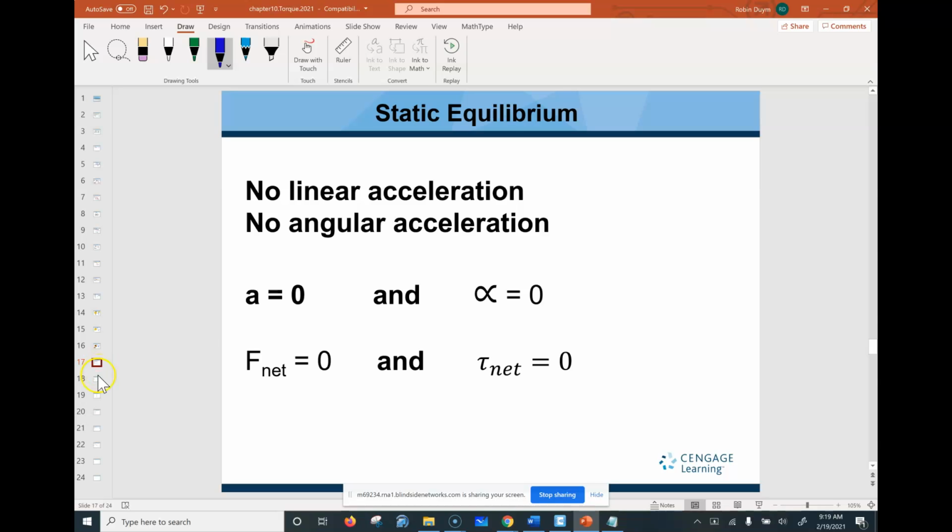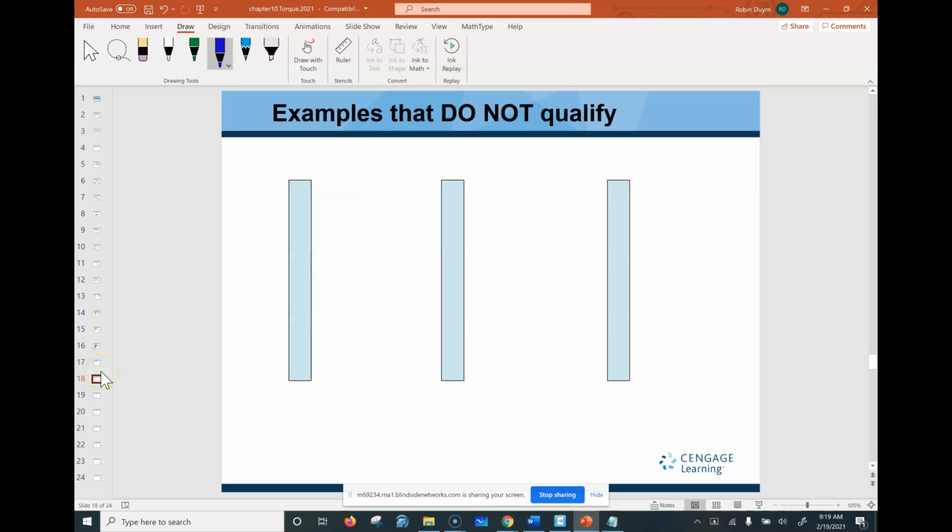Let's see what we've got to do. So here are some examples that would not qualify. Let's say I apply a force of 5 newtons. Here's my center of mass. We'll have the same center of mass for each of them. Well, your net force is not going to equal 0, right?